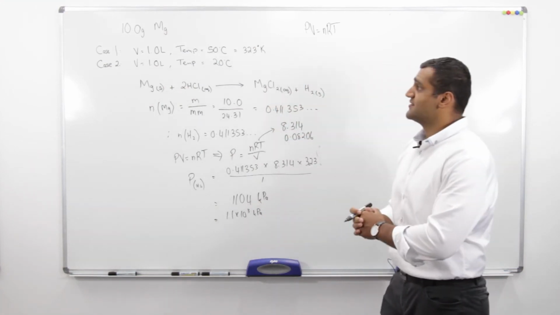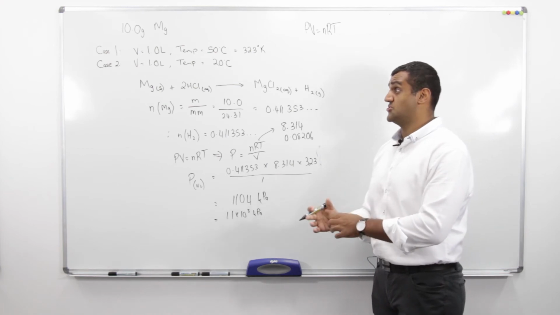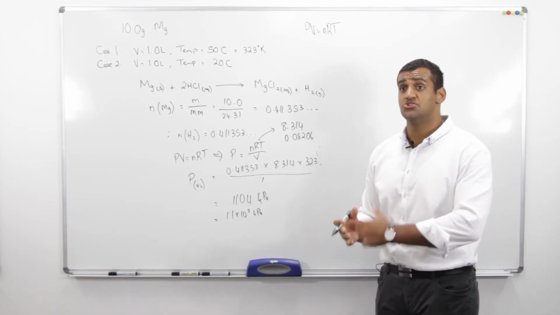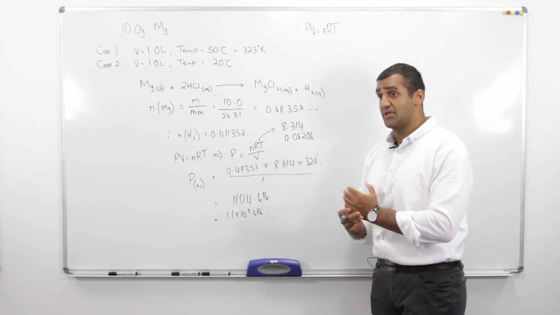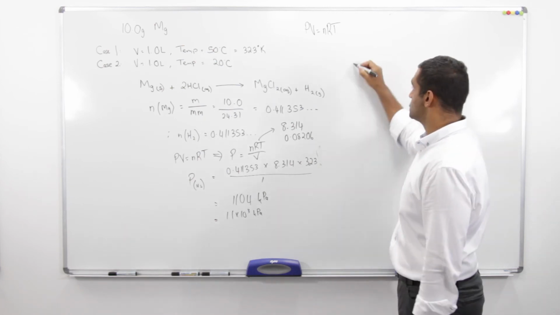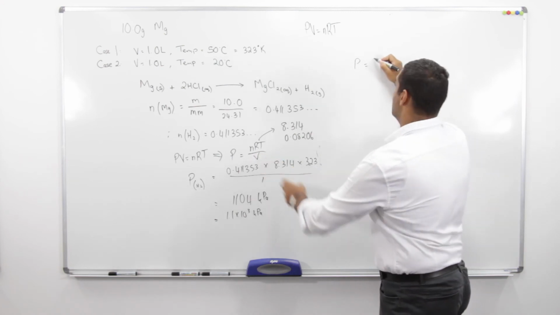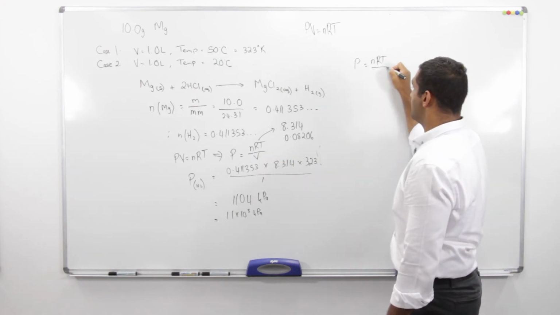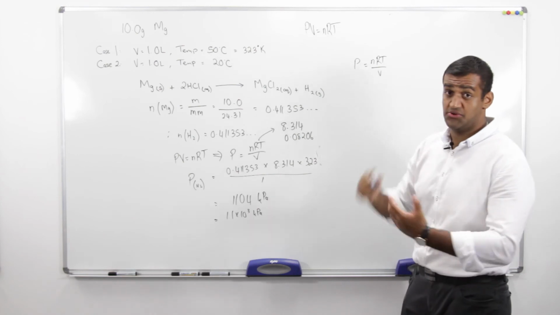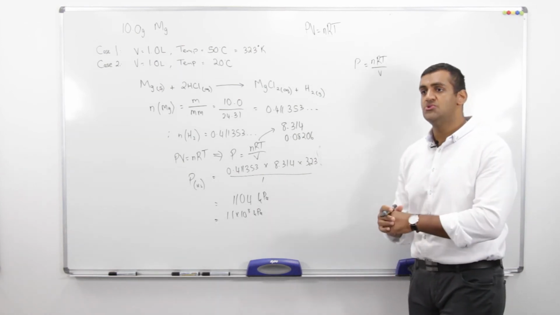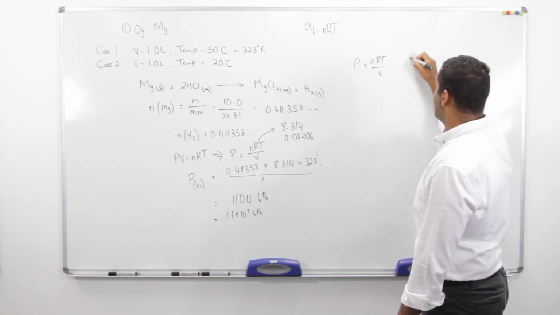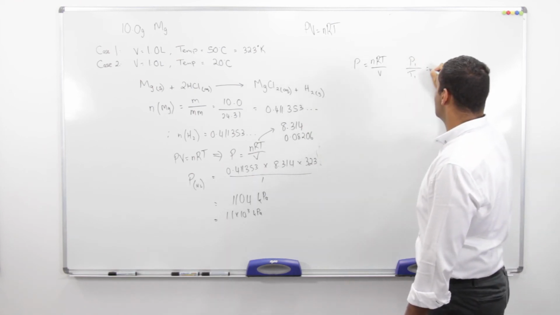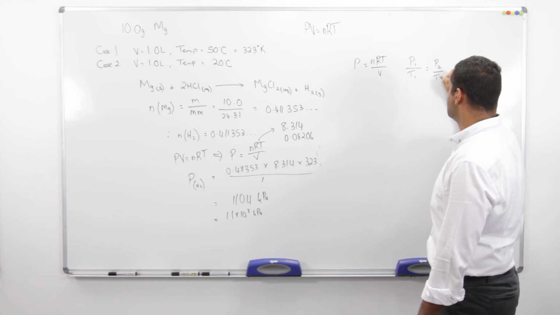The second case asks us to consider the situation 15 minutes later, where the temperature drops down to 20 degrees Celsius. So there are a variety of different ways that we can do this question. We can again just use this formula, the rearranged version of this formula, and plug in all our numbers with the new temperature. Or we can use the adaptation of Charles' law, and that was P1 on T1 equals P2 on T2.